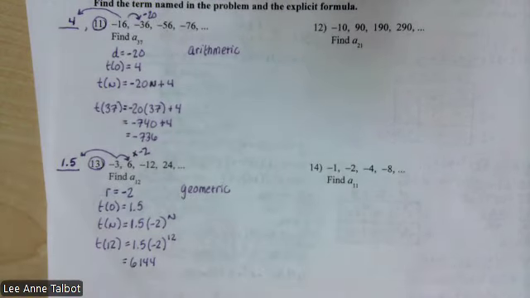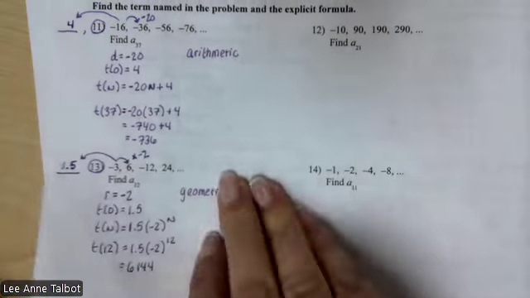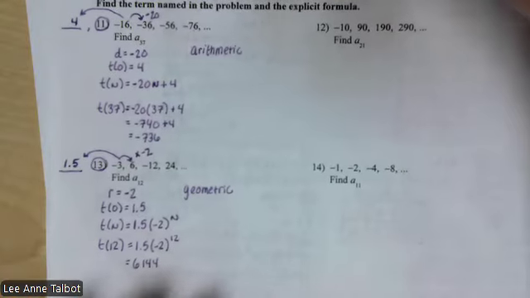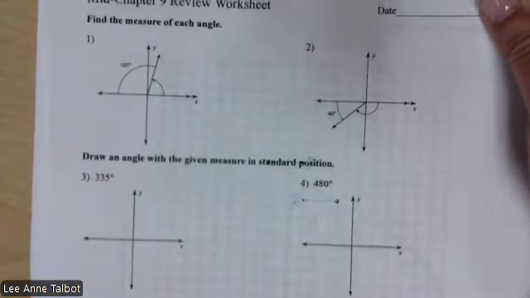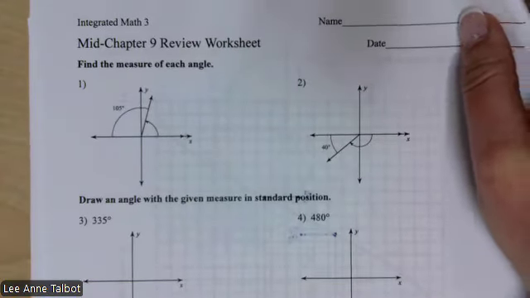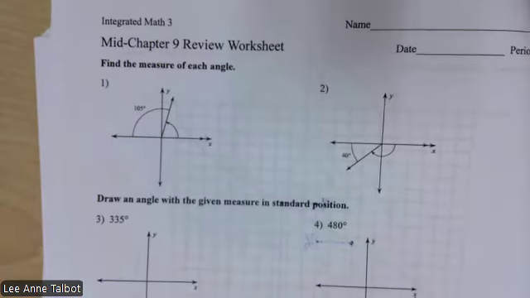Okay. All right. Your question is, are we doing any resource pages in here today? I don't think so. So what I'd like to do next is have you look at the mid-chapter review and see if you have any questions for me, if you got stuck on anything. This is the worksheet that you guys are working on.